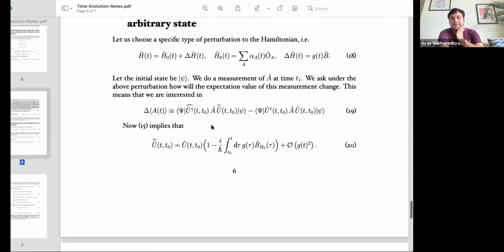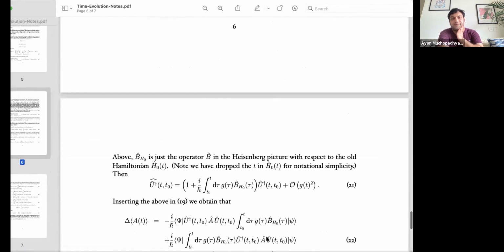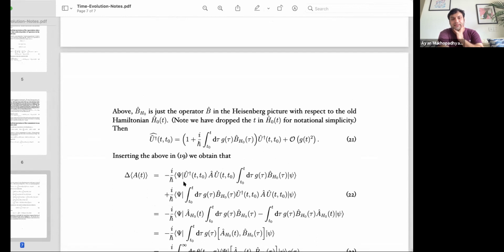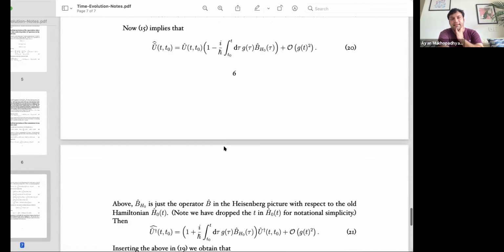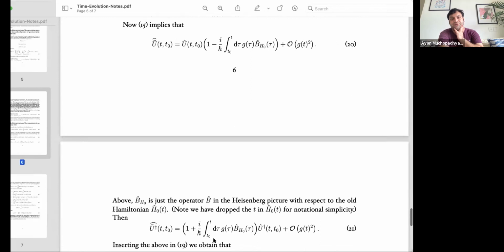This will come only from this and this, but this comes before and this comes after. So you see that here A should multiply U times this, right? So I'm just taking U tilde now. I'm substituting U times this factor, and for U dagger, I should substitute this times this factor, right?